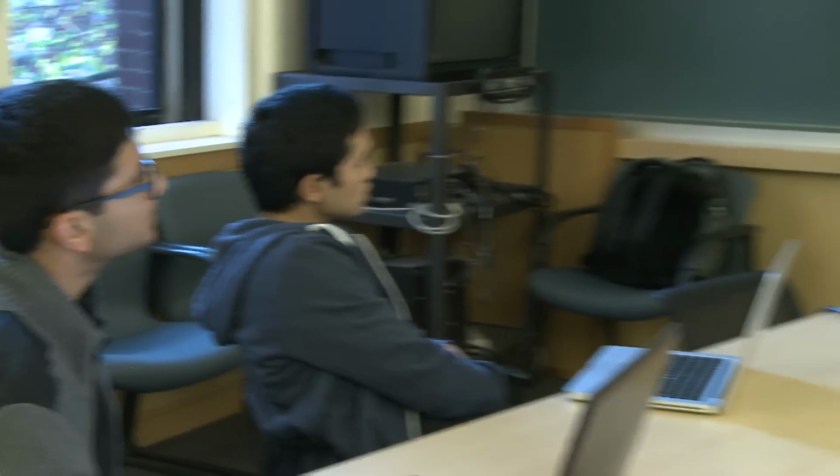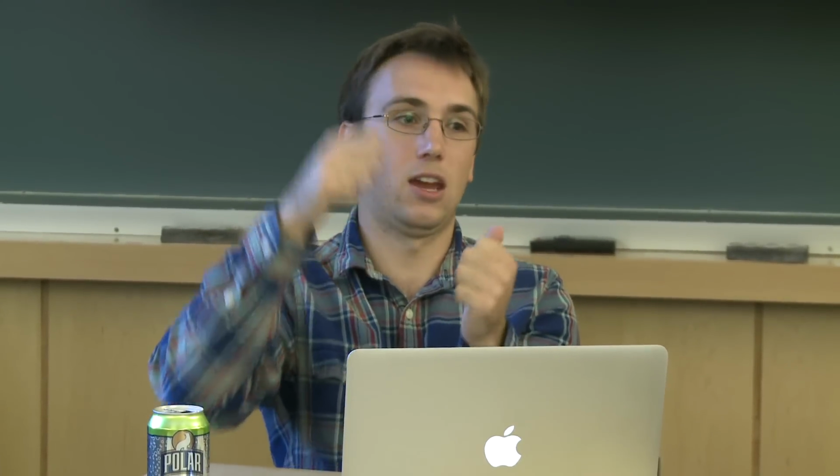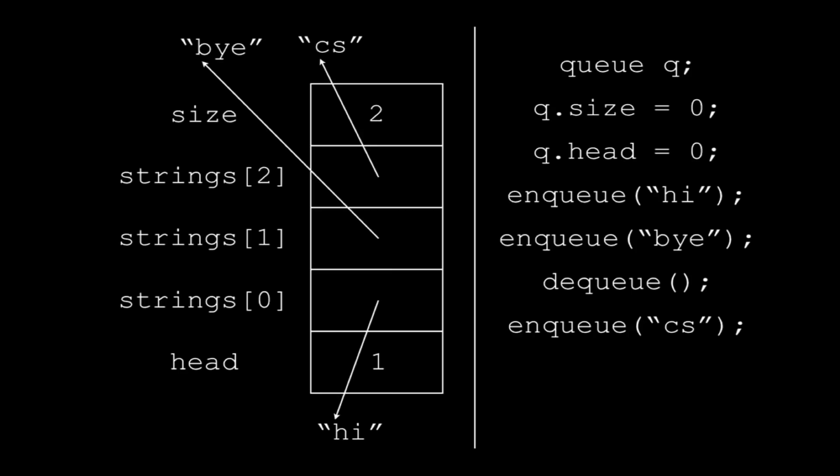Right. And what denotes the end of the list? What were we using to denote the end of our queue? The head is the head of our queue, the beginning of our queue. What is the end of our queue? Size, exactly. So our new elements go in at size, and the elements that we take off come off at head. So when we NQ the next element, we're putting it in at size. Before you put that in though, size was 1, right?